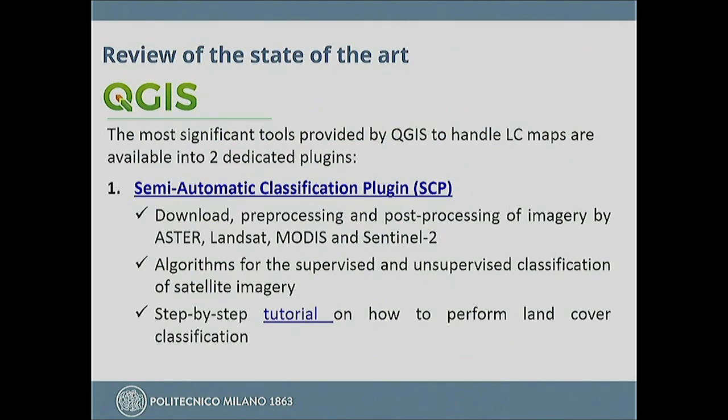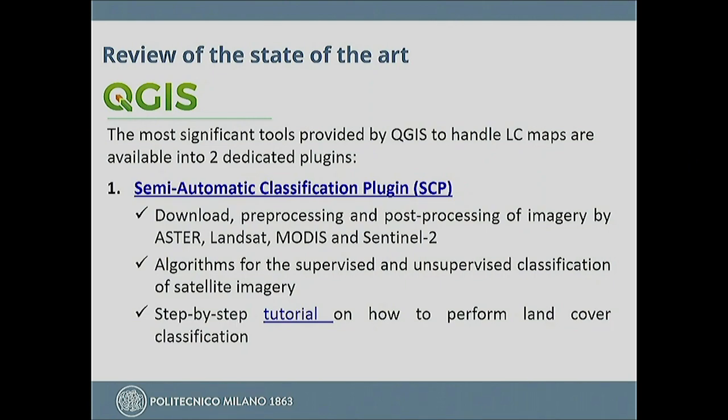Referring to QGIS, if we are interested specifically in the land cover, there are two dedicated plugins. The first one, which is the semi-automatic classification plugin, is a plugin allowing you to make also the supervised and unsupervised classification of satellite imagery for obtaining your land cover map.